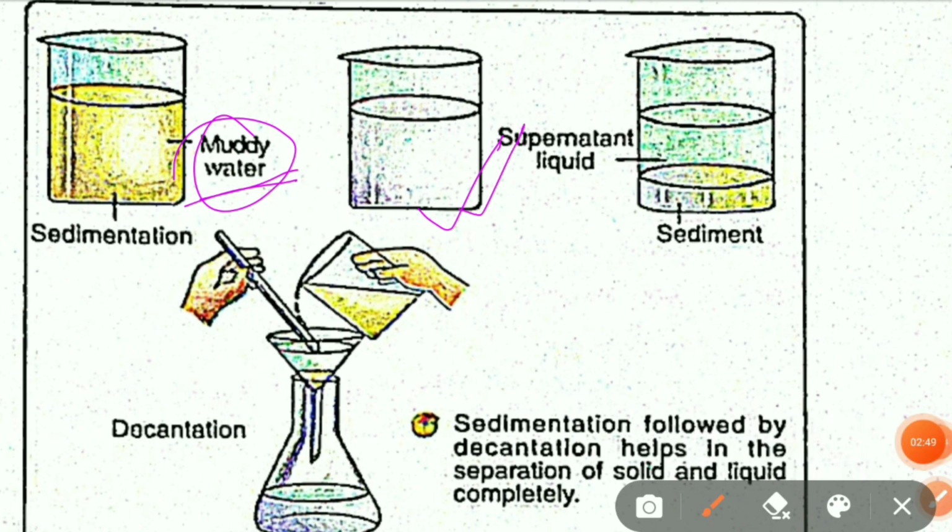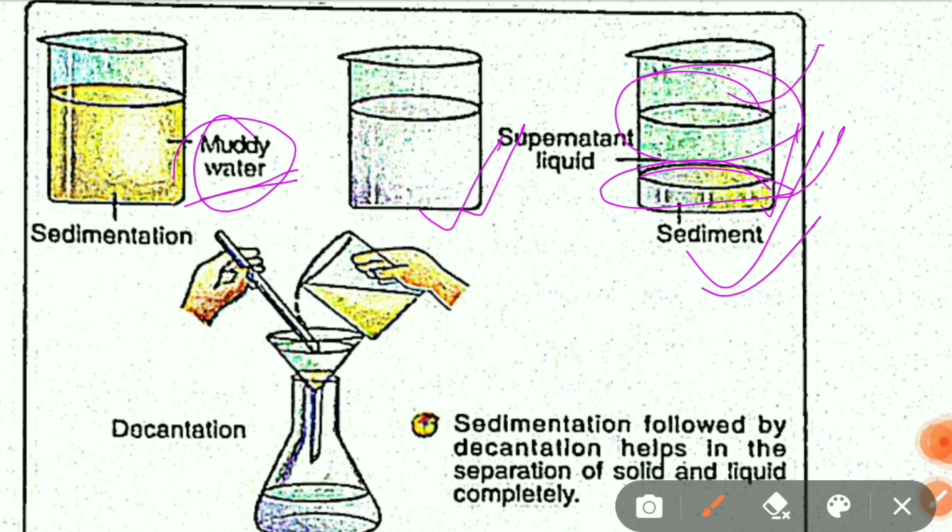After sedimentation, look at the beaker. The beaker looks somewhat like this. The soil settles down whereas the liquid, that is the water, stands above. Then slowly and carefully we have to pour out that clear liquid. But complete separation is not possible by this method. I hope the concept is clear.